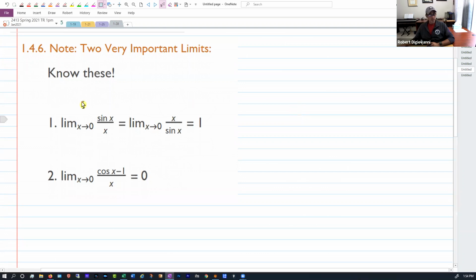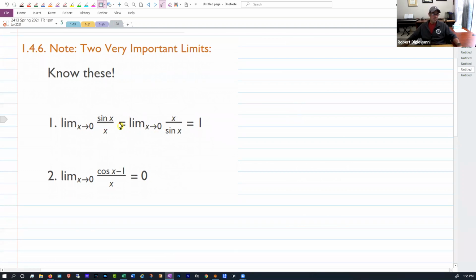Okay, so the first limit here is the limit as x goes to 0 of sine of x over x. Now, you can also flip it around and make it x over sine x. It doesn't matter which order these are in. The limit will always be 1. Please memorize this. I'm not real big on memorization, but this is one of those ones you should memorize.